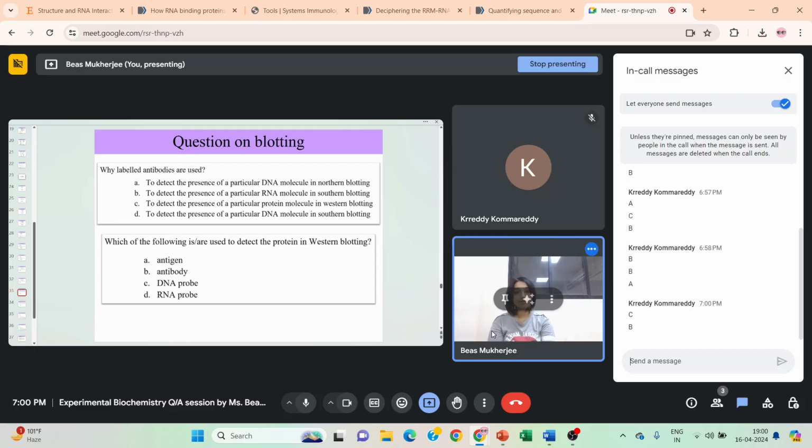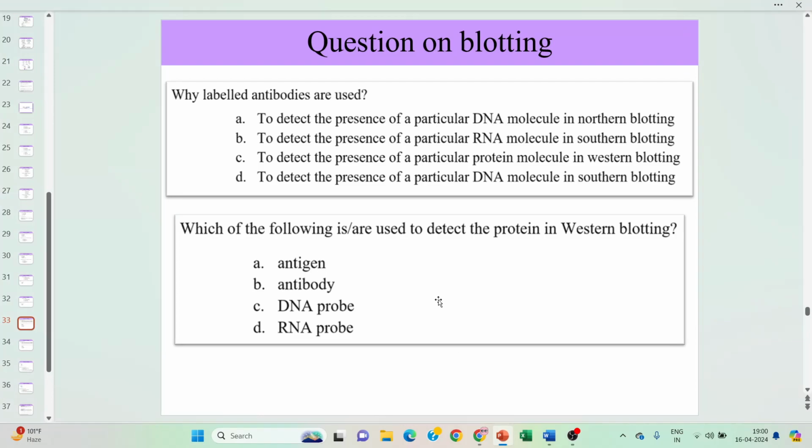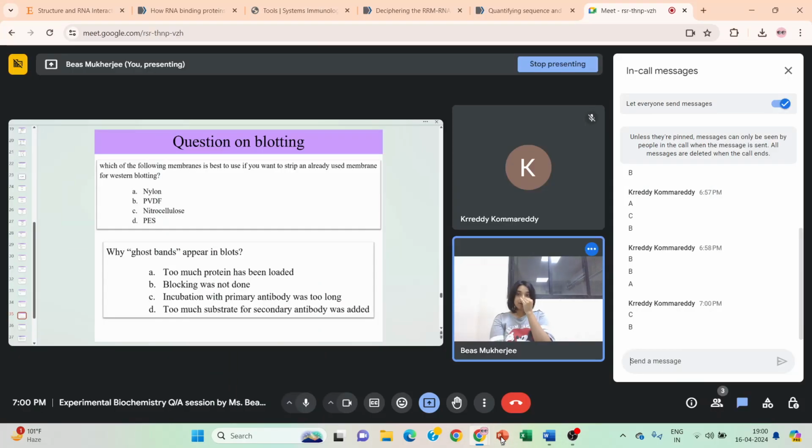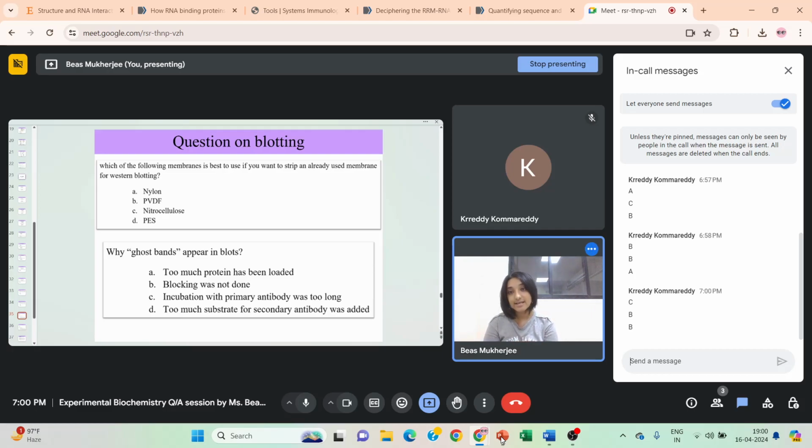B, antibody, very good. Okay, very good. Which of the following membranes is best if you want to strip an already used membrane for western blotting? So now they are asking you about membranes. Okay. So stripping. So B is the right answer. PVDF. Yes. So if you want to reuse membranes, PVDF is a better option.